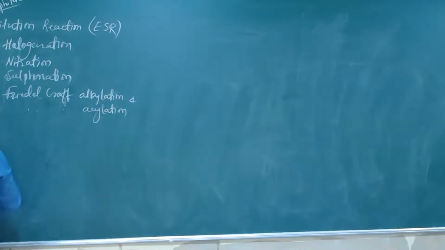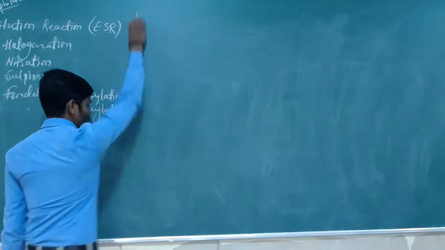So five reactions. First I will write the five reactions and then I will explain the mechanism for all: halogenation, nitration, sulfonation, Friedel-Crafts alkylation and Friedel-Crafts acylation.